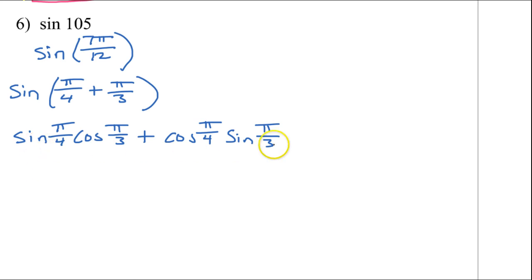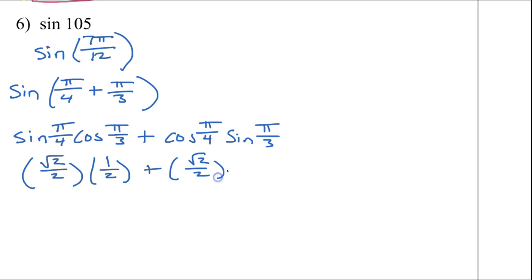These are all facts that we have memorized. Sine of pi over 4 is radical 2 over 2. Cosine pi over 3 is 1/2. Cosine of pi over 4 is radical 2 over 2. And sine pi over 3 is radical 3 over 2.